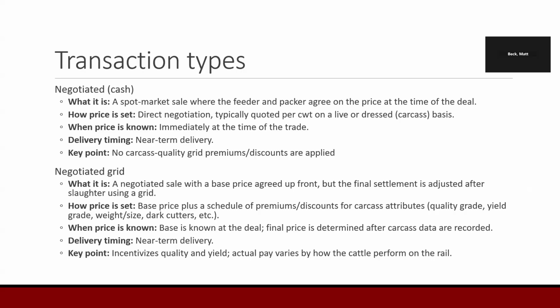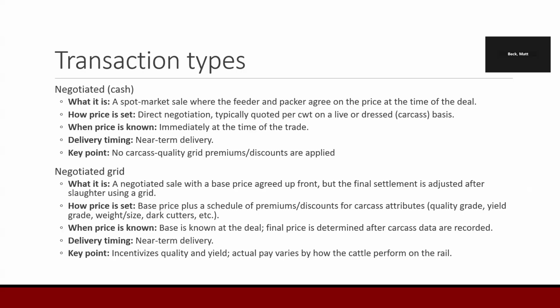These cattle need 30 more days till they're finished. And then you'll schedule delivery for that date. But you agreed upon the price at that time. Does that make sense? So delivery is near term, so it's close to when that deal was made. The key point, no carcass quality grid premiums or discounts are applied.